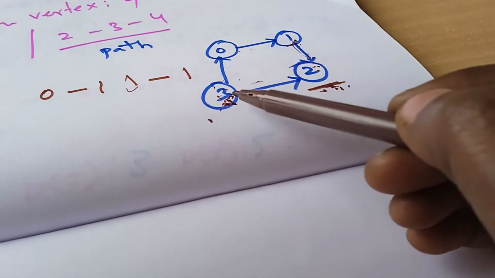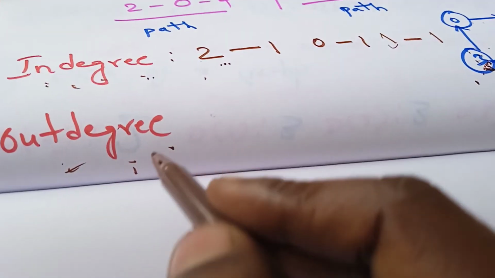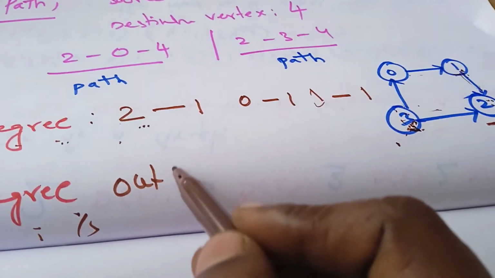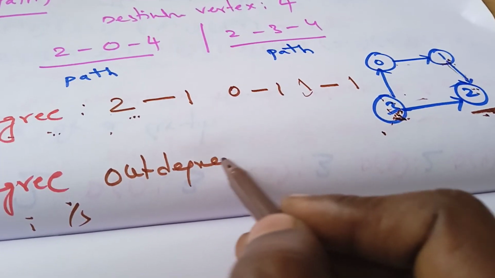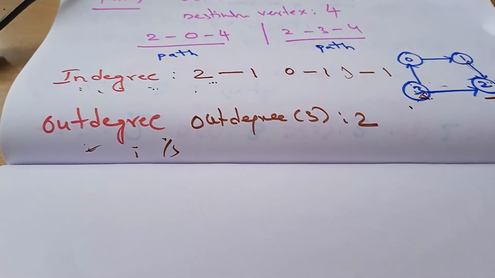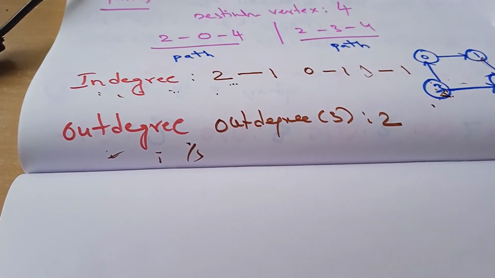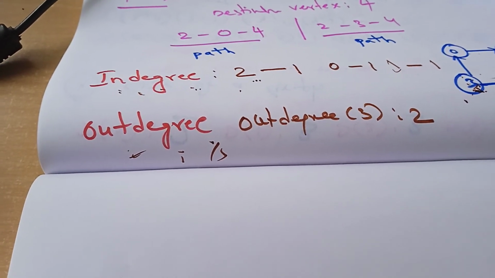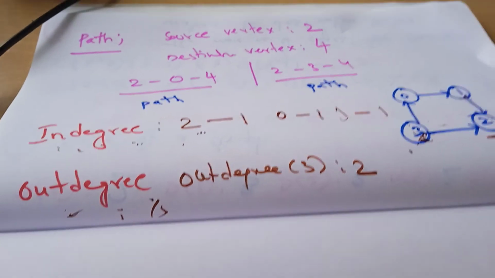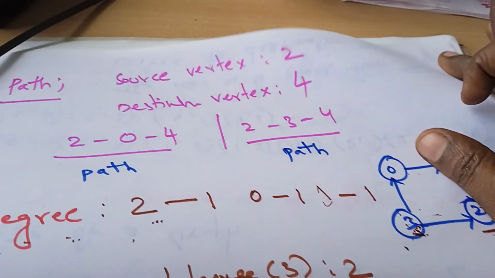So the out degree of 3 is 2. That's it. In degree is the inflow to the vertex. Out degree is the outflow from the vertex to other vertices.